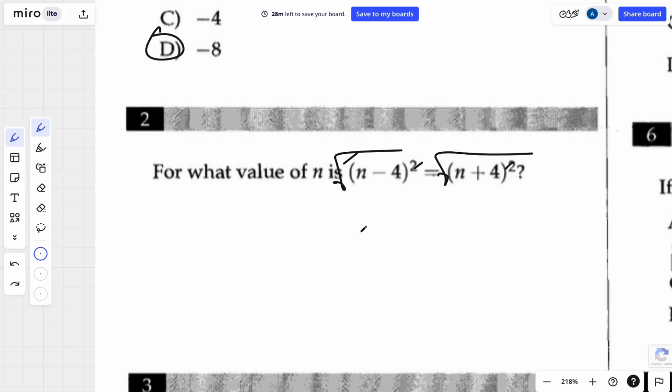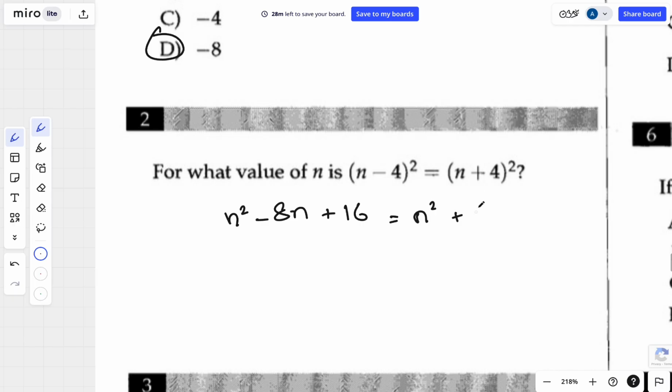So let's expand these two. We get n squared minus 2ab, so 8n plus 16 is equal to n squared plus 2 times 4 is 8, 8n plus 16. We can cancel n squared on both sides.